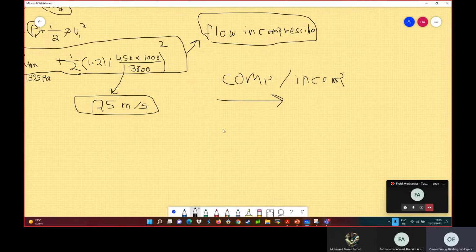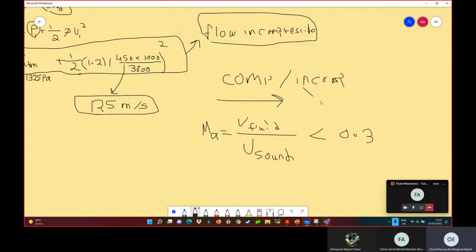You remember the Mach number, which is equal to the velocity of the fluid divided by the velocity of sound. If the Mach number is less than 0.3, we can assume the flow of the air is incompressible, and then I can apply the Bernoulli equation.